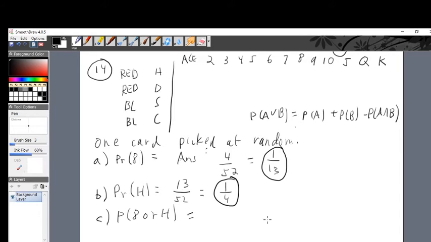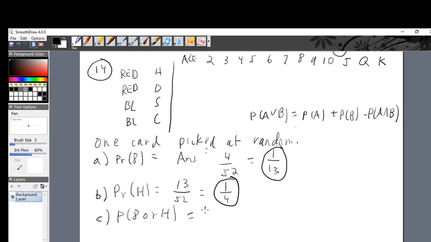You'd be tempted to say the probability of 8 or H is 1 over 13 plus 1 over 4, so let's just add them up. You can't do that. Let me show you why.